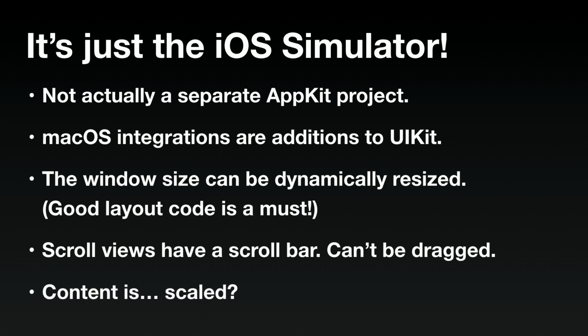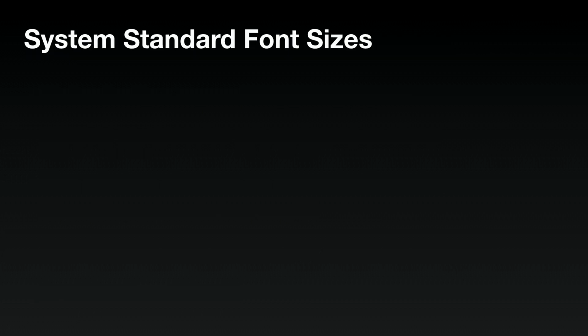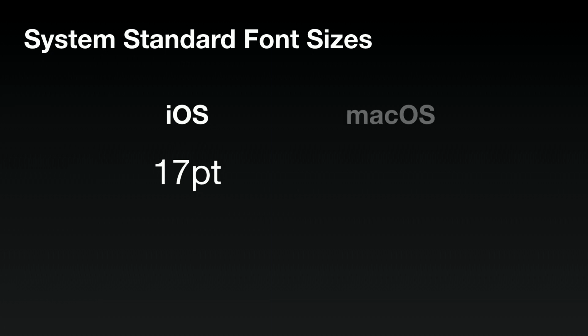And this is one other thing. The content's scaled. Apple talked about this in their talks. iOS and macOS have two different font sizes, ostensibly because iOS is operated by our giant, huge, fat human fingers, and the default font size for a single label is 17 points. I think that's right. And because macOS doesn't use giant fingers, it uses a really tiny cursor, everything on macOS is inherently smaller because you have a lot more precision.